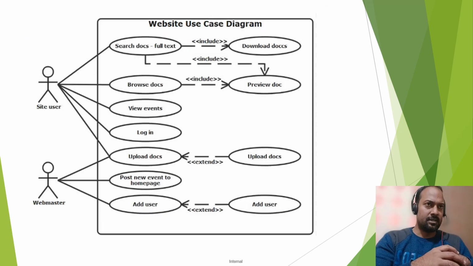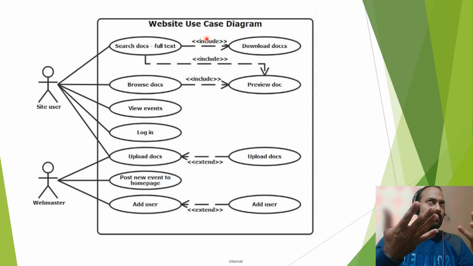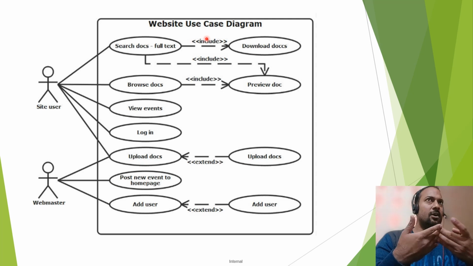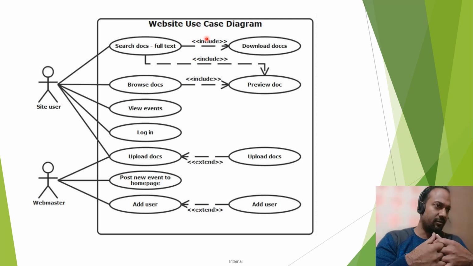So here you can see the use case, right? Just assume hypothetically that this is a website where the user is registered. Assume this is your organization application where you are registered as an employee to access some of the information, right?